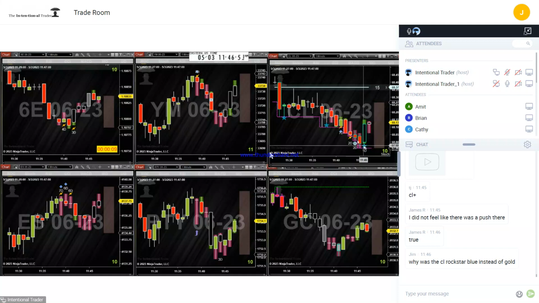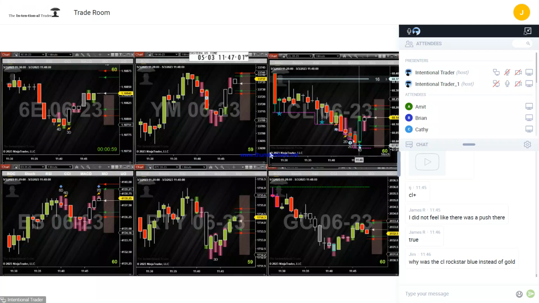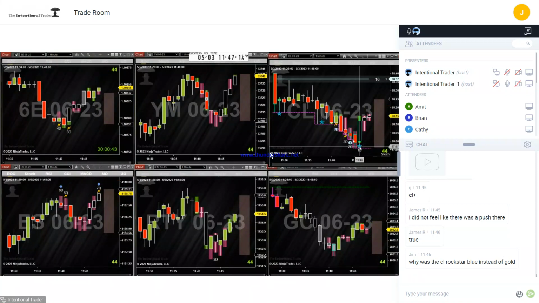So we use this to help us qualify whether it would be a good Rockstar trade to take if it's a naked Rockstar. For example, the only reason this qualified as a Rockstar trade was because we had this support. Low of the day, albeit minor, we consider it support. So that qualified it for a Rockstar trade. If I did not have this support, that would have made it a naked Rockstar, which would have disqualified this as a trade.